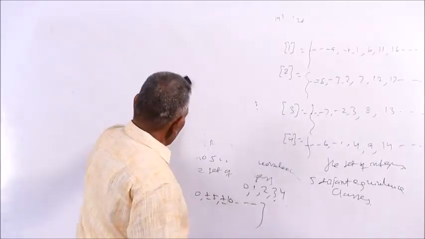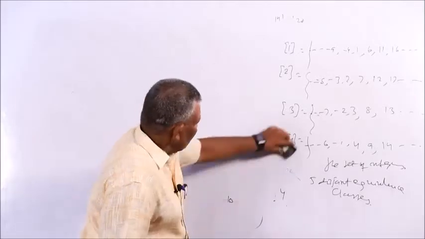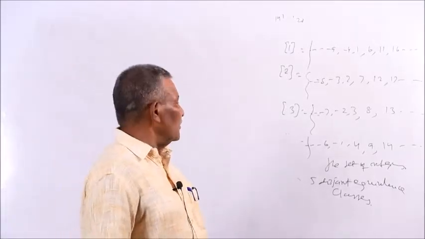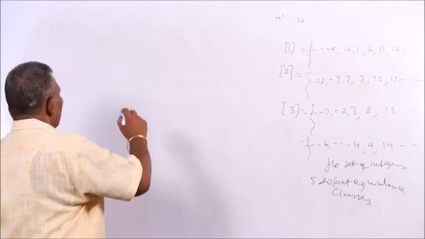There is a question: what is the smallest equivalence relation, and what is the largest equivalence relation over a set A?